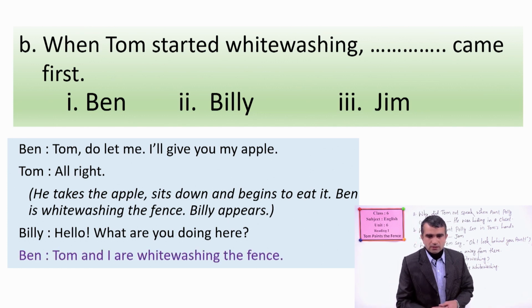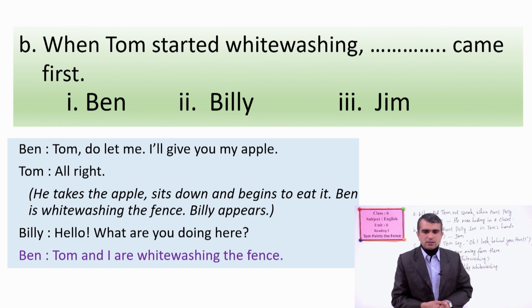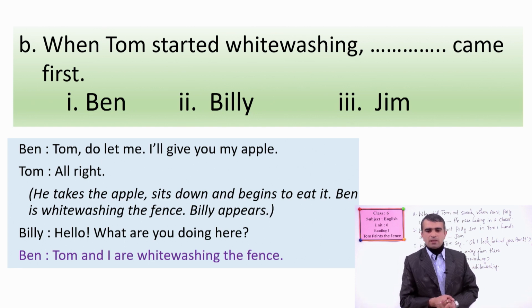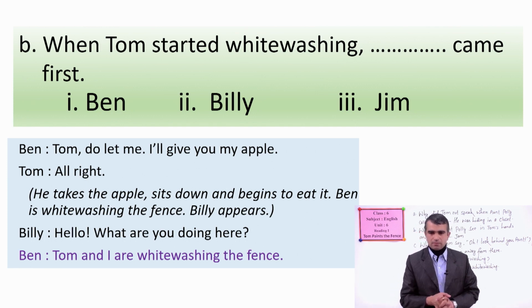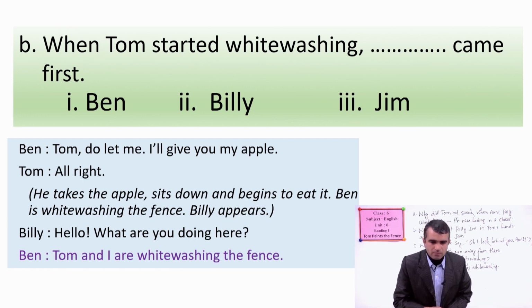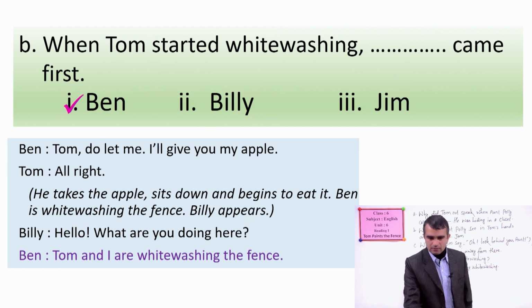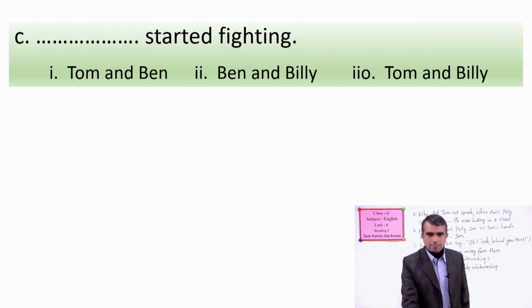Here you can see the last line. When Billy says, hello, what are you doing here? Ben says, Tom and I are whitewashing the fence. It means Ben and Tom were already there, and then who came first? Good, Ben came first. Very good.